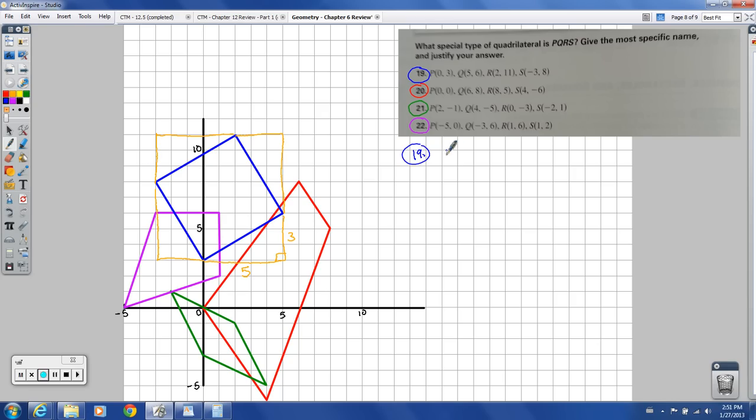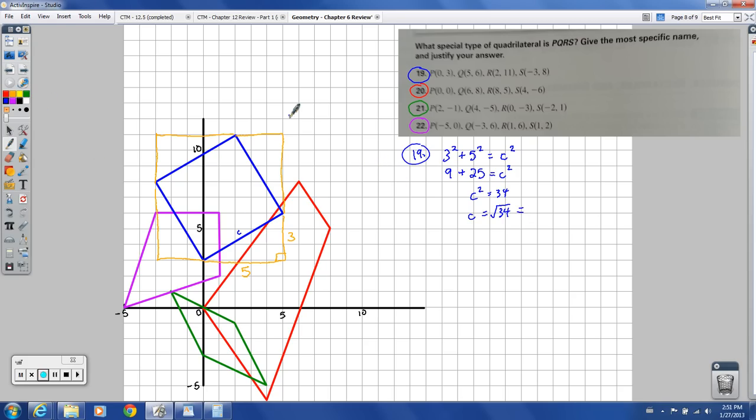So this one I'm just going to say 3 squared plus 5 squared would equal c squared, your hypotenuse. I'll call this c. So c squared would be 9 plus 25, which is 34, and so c would equal the square root of 34. This is the same thing because these are all the same.